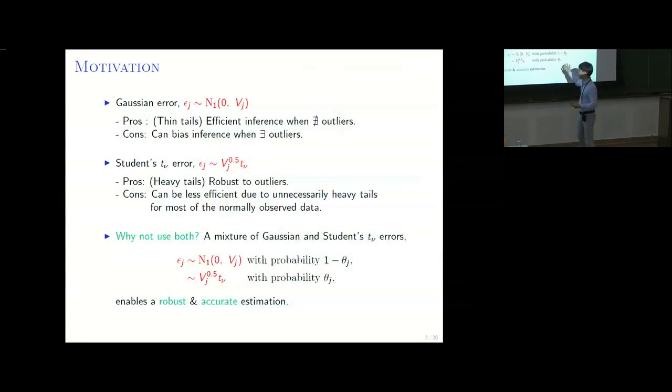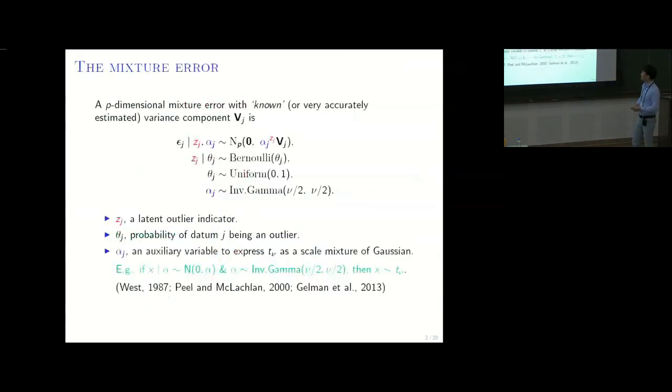With some probability, it becomes Gaussian error, and with other probability, it becomes T error. So this is the mixture error model that I'm proposing. The first line is basically your Gaussian error model, and I multiply alpha sub j, whose power is z_j, to the known variance component.